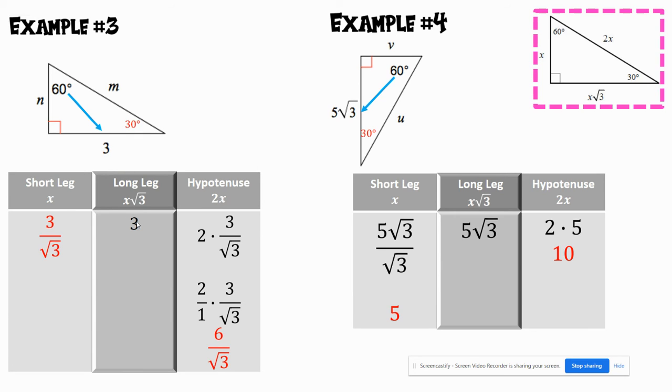I want to find that short leg. If you were not given the short leg, that's what you find first. So when you're working backwards to go from the long leg to the short leg, you are dividing by the square root of 3. So I take this side length and divide by the square root of 3.